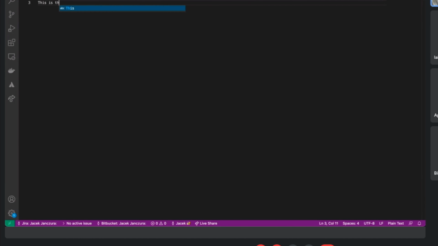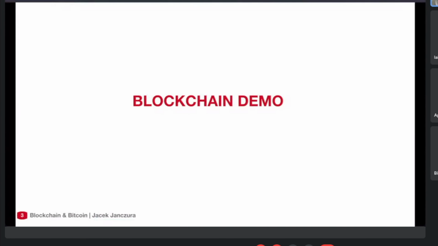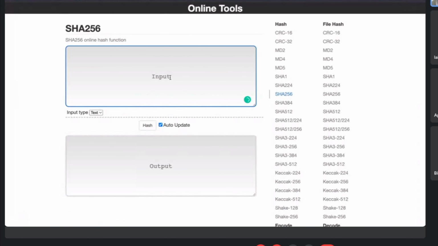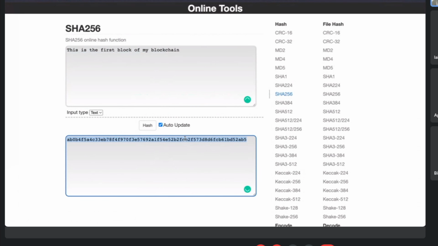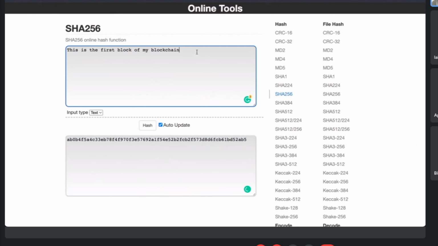This is the first block of my blockchain. We take this string, we hash it. So this is the string and this is the hash of the string. What's super important when it comes to hashes is that any change, adding F, is changing the hash completely.